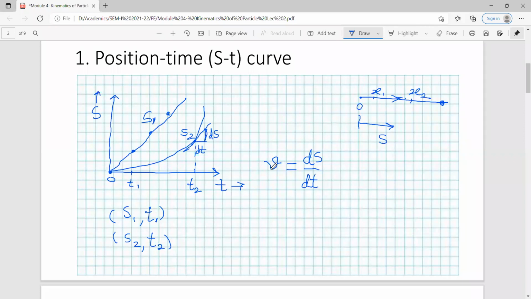Velocity you can find out at a particular point from the graph itself by knowing the slope of the tangent at that particular point. So this you can note down, then we will move to the next point. Any doubt you can always ask.